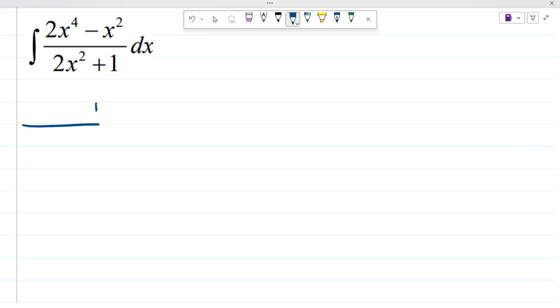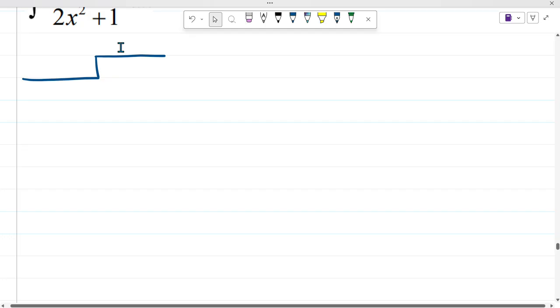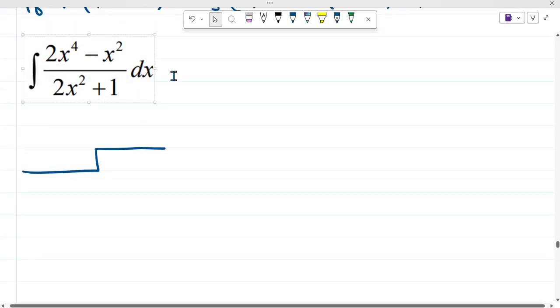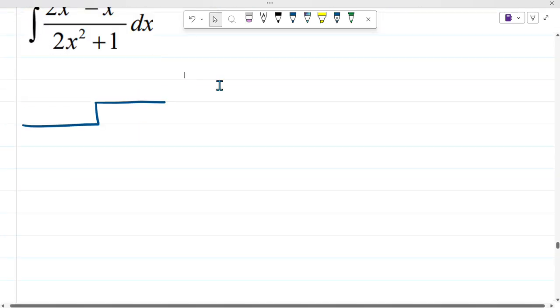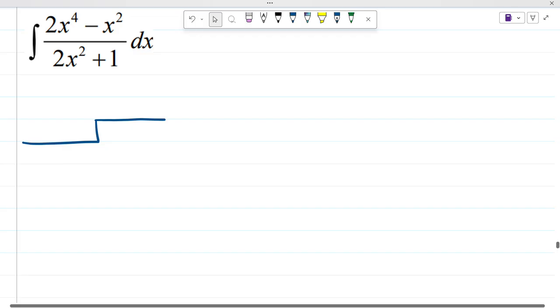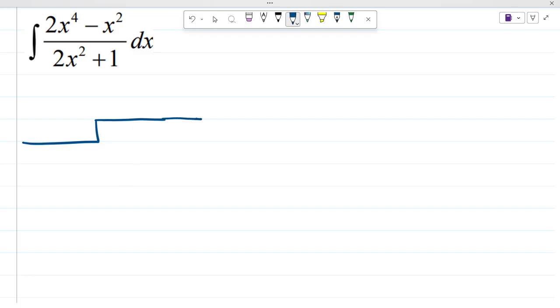My divisor here is 2x squared plus 1. My dividend is 2x to the power 4 minus x squared.